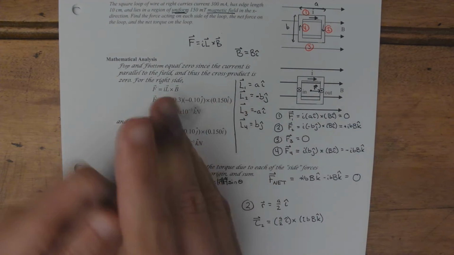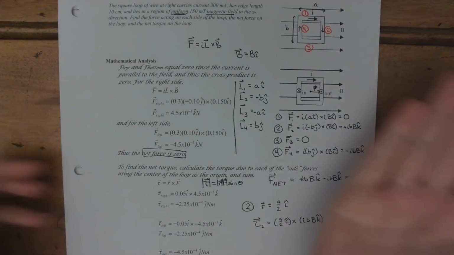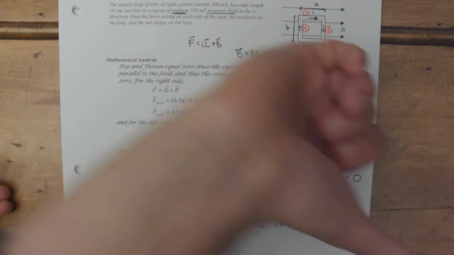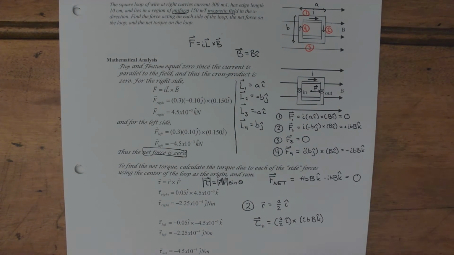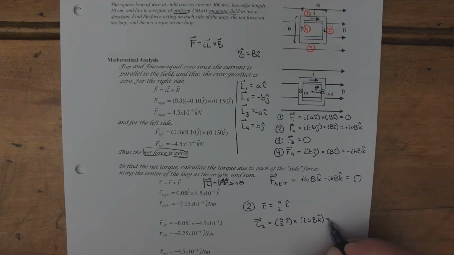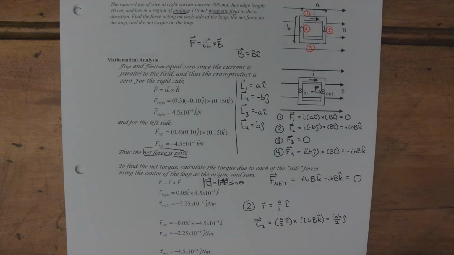That's in the k hat direction. So r crossed with k hat gives you torque going downward. Or we can say I hat crossed with k hat, that's not alphabetical order, that gives me minus j hat. So this is minus IAB over 2 j hat.